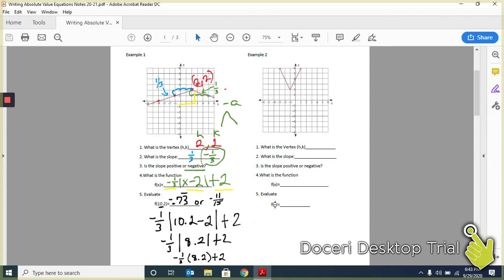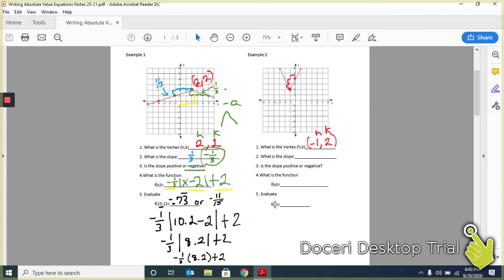Okay. So the vertex, again, if I'm looking at my graph here, is right there. It looks like it's at negative 1, 2. So that's my H, that's my K. The slope, well, again, if I pick a point, let's just say I pick this point, that point right there, then I'm going to do up 2 and over 1.